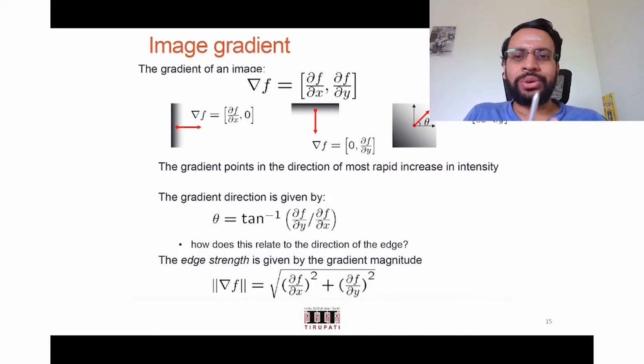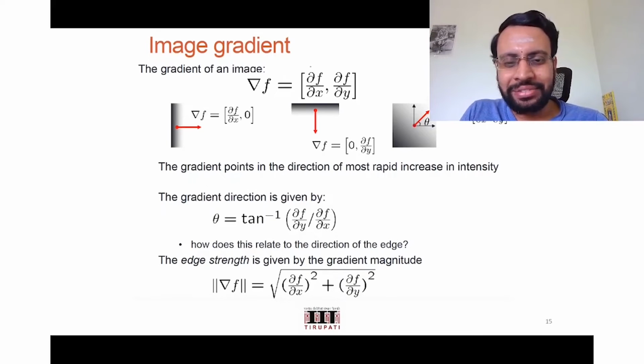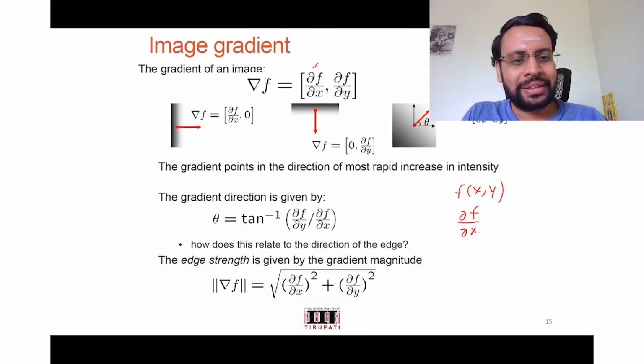I'm sure you all know the difference between a derivative and a gradient, right? Suppose I am taking the derivative with respect to x for an image, which is a function of two variables x and y. Since f is a function of two variables, I'm using the notation of partial derivatives here.